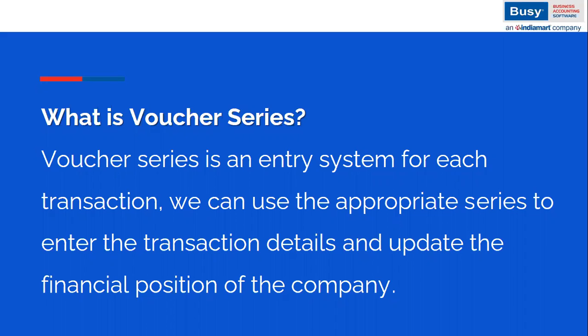Let me give you an example. Suppose I have two branches, one in Delhi and one in Noida, Uttar Pradesh. In this scenario, we can create two different branch series, different voucher series for all the vouchers. Also, we can filter the report by selecting any voucher series, any branch.